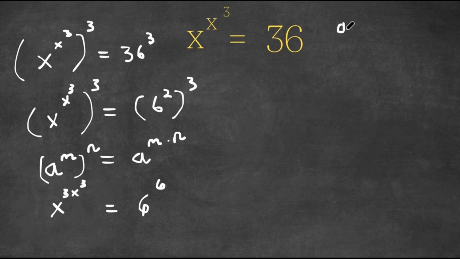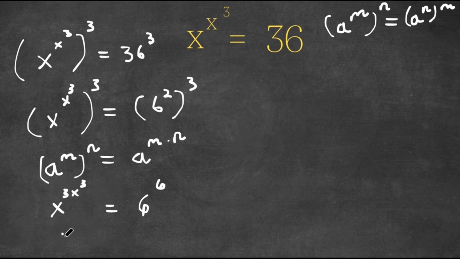Now, if we have something in the form a to the power of m to the power of n, this is also equal to a to the power of n to the power of m. So then x to the power of 3 to the power of 3 times x to the power of 3 would equal x to the power of 3 to the power of x to the power of 3.